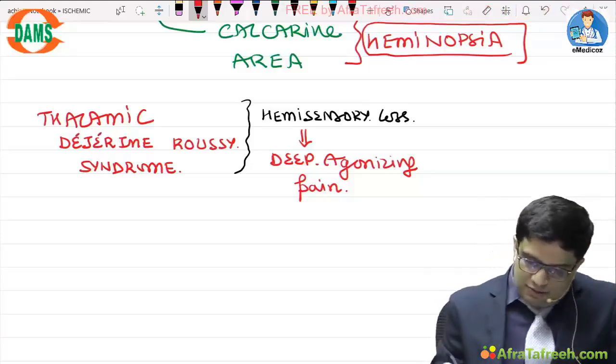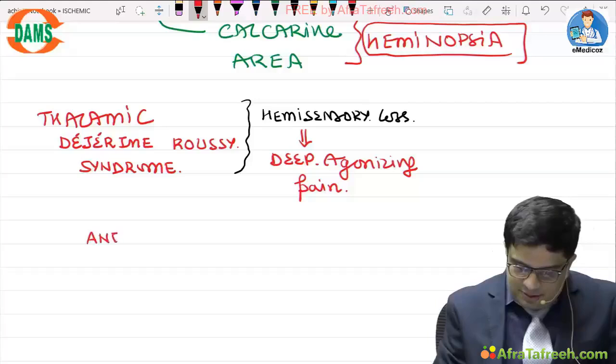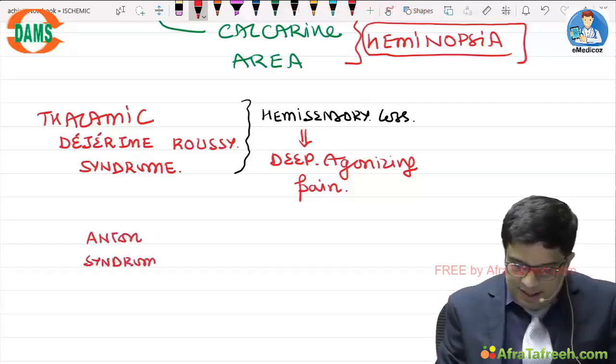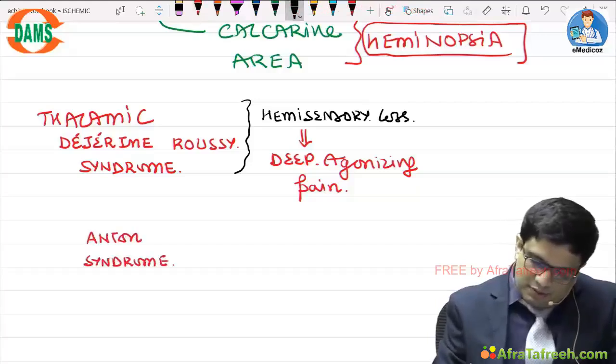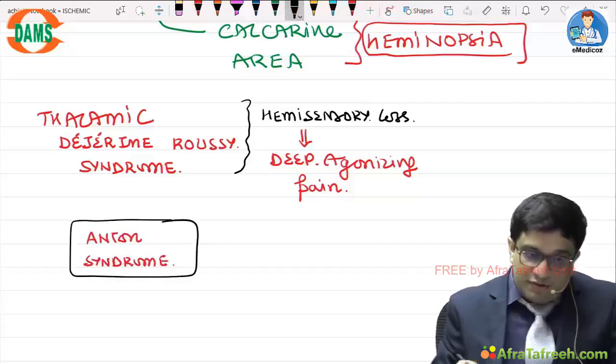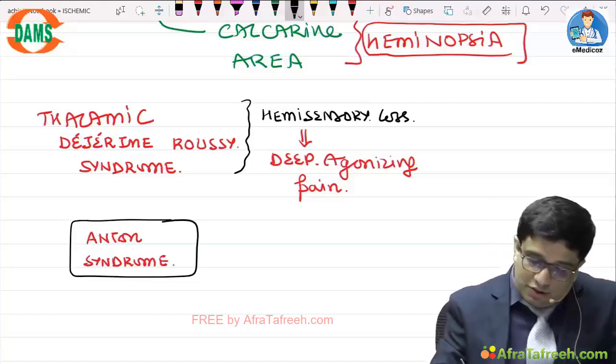Another syndrome that is very famous is the Anton syndrome. In the Anton syndrome, we have a patient with cortical blindness.